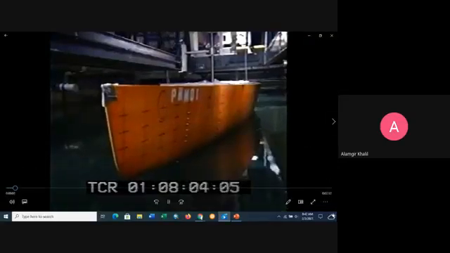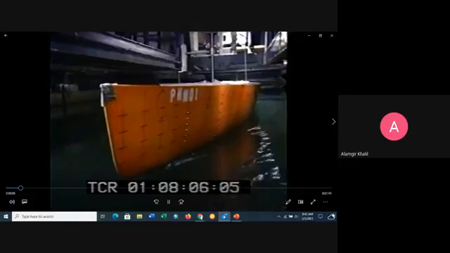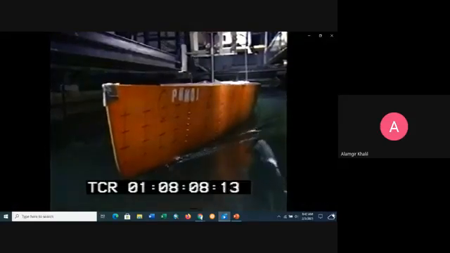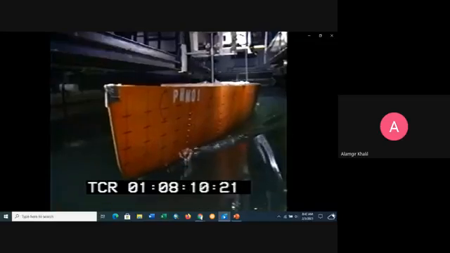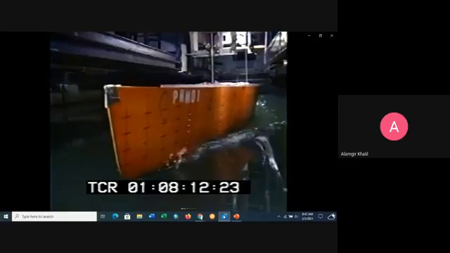This is a towing tank. You can see here the model of a small boat that is tested subject to different conditions.